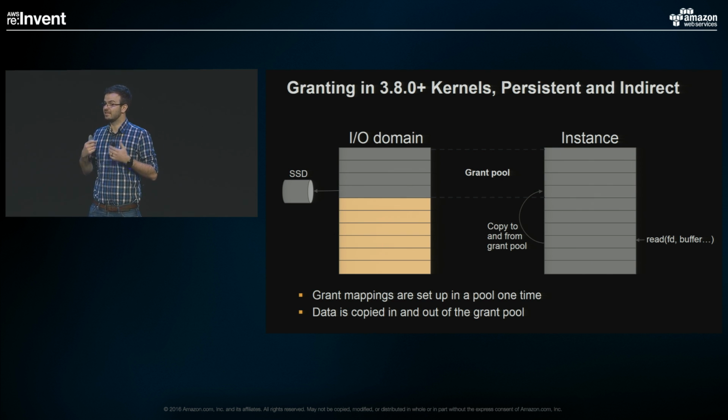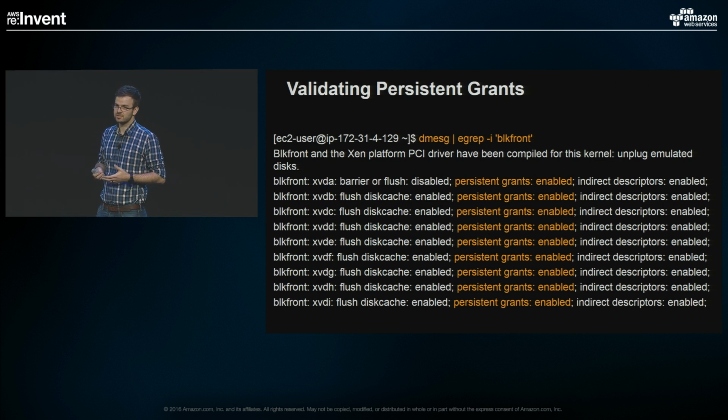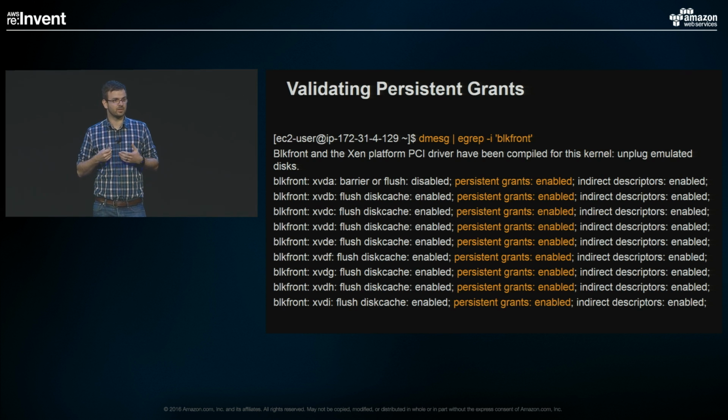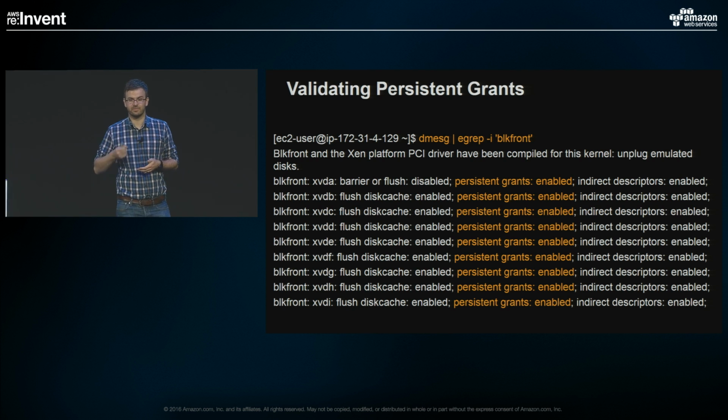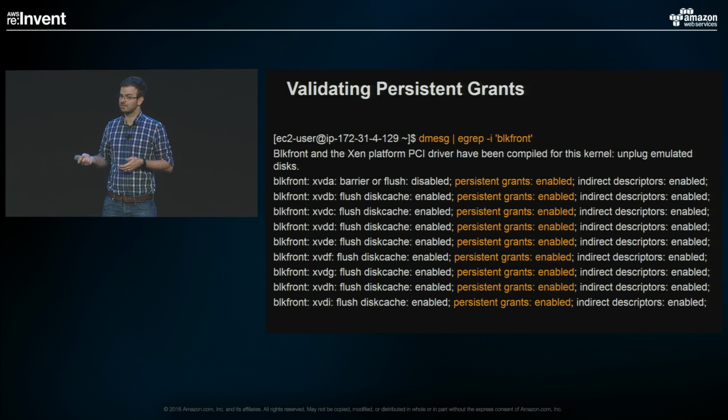Because of this, you'll get significantly better performance for all your I/O operations, as long as you're running a kernel that supports persistent grants. To validate that persistent grants are enabled in your Linux kernel, you can simply run the dmesg command and grep for the blkfront driver. Here you can see I'm running an I2 8xlarge instance, and as you can see, all of my volumes have persistent grants enabled.